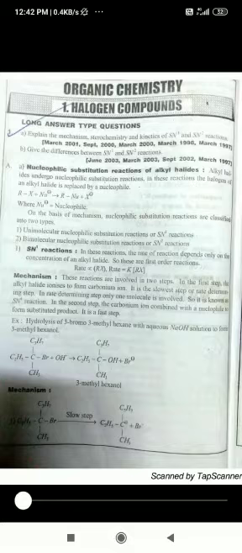So, these are first order reactions. The above statement can be written mathematically in the following way. Rate is proportional to the concentration of RX, nothing but rate equals k into the concentration of RX.